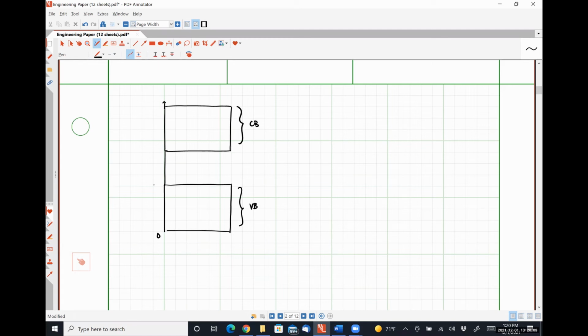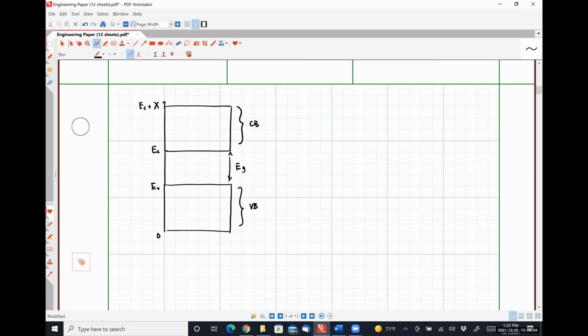We have 0, EV, EC, EC plus chi. Here's my band gap, EG. All right. So this is what it looks like when we have intrinsic concentration levels.